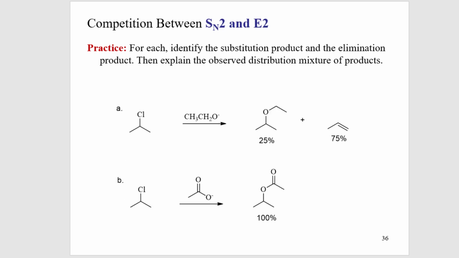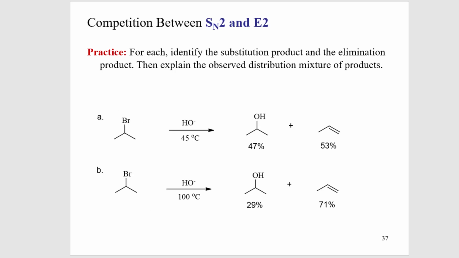I'll leave the rest of these for you to do. First, figure out if they underwent an SN1 or SN2, E1 or E2, and then try to rationalize why you see the product distribution that you see. And we have a few slides of these.